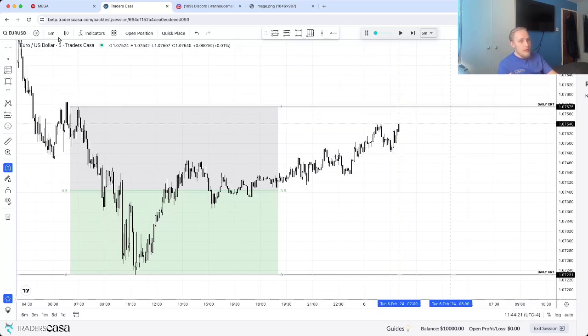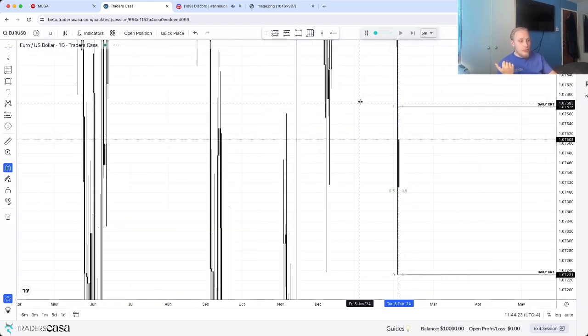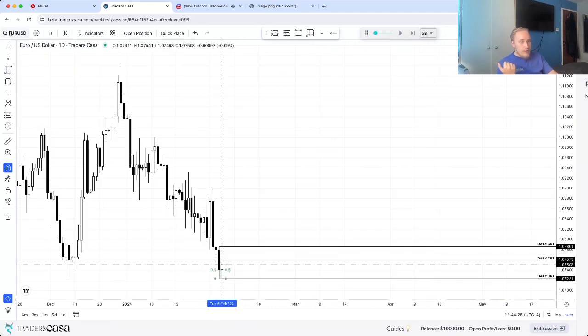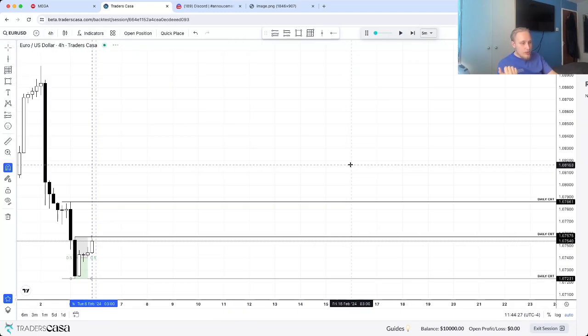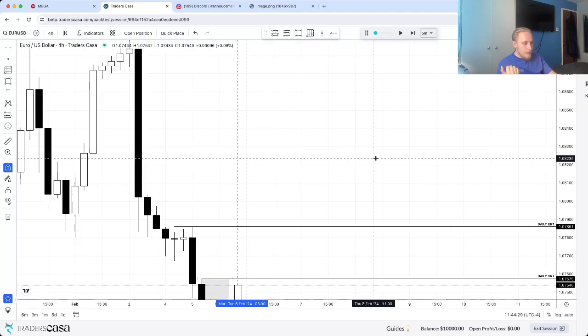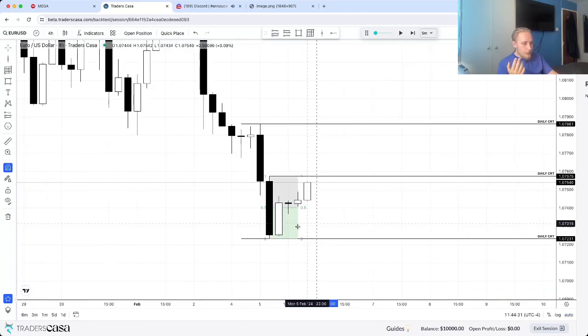Anyways, back to what I was saying. This is still valid, right? We've got daily bearish. We know that we're bearish. And the 4-hour CRT, which the range we're currently in, right here, hasn't been activated yet. So we've got 1, 2, 3 candles not activating this CRT. This 50% is irrelevant.